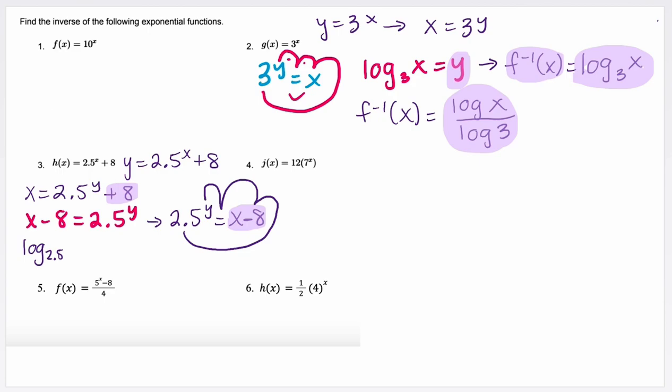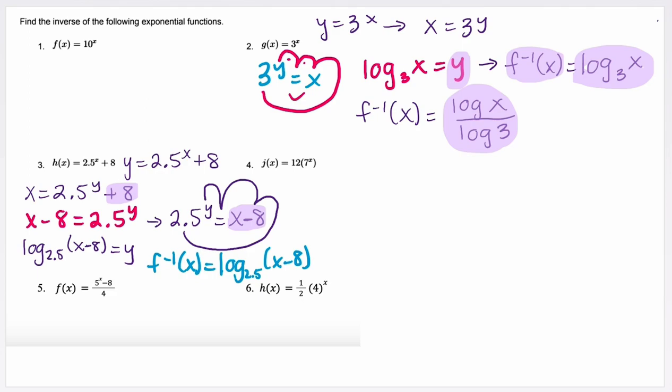Usually when it's two terms, they'll put parentheses around it. So that's going to be inside my logarithm. And then it's going to be equal to y. And if I rewrite that with the inverse notation, I'll have f negative 1 of x equals log base 2.5 of x minus 8. So that is the inverse of that exponential.